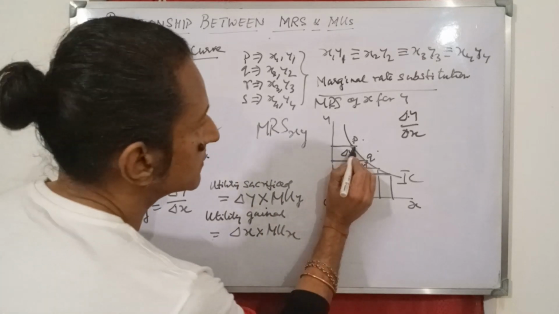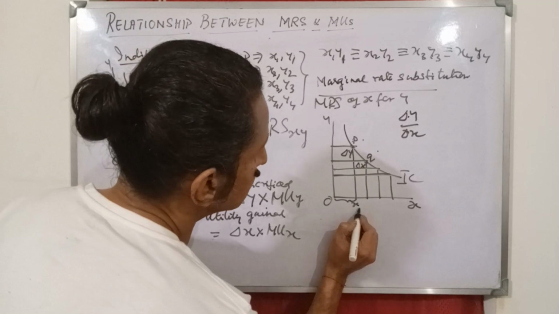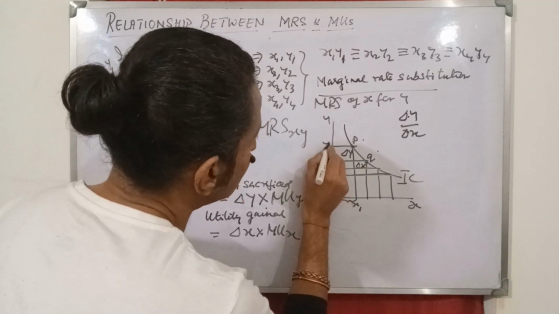At point P, the consumer is consuming this much of X, say X1, and this much of Y, say Y1.